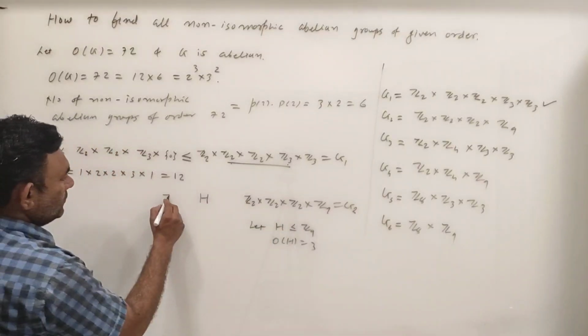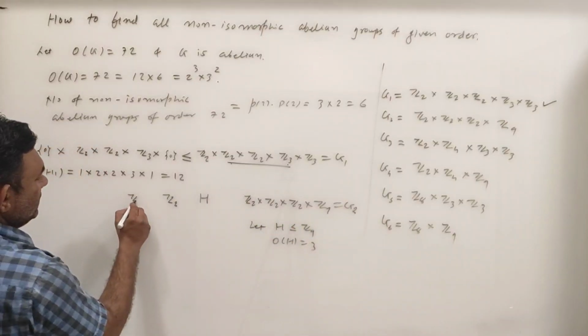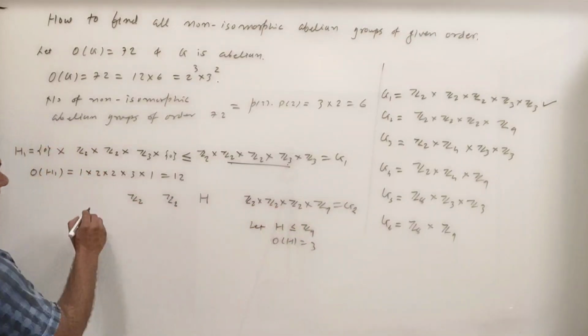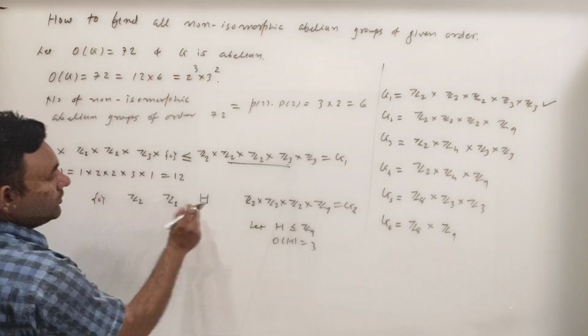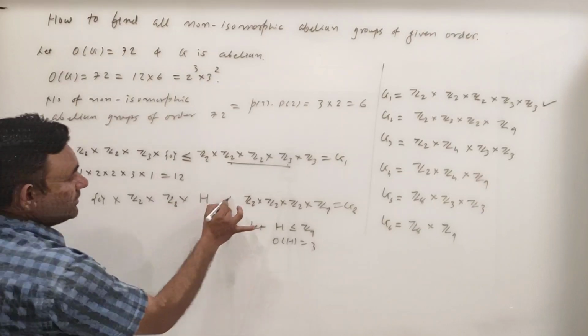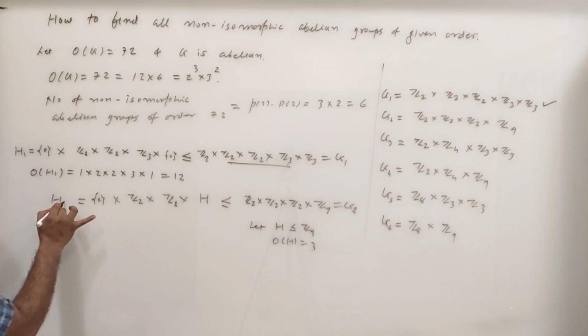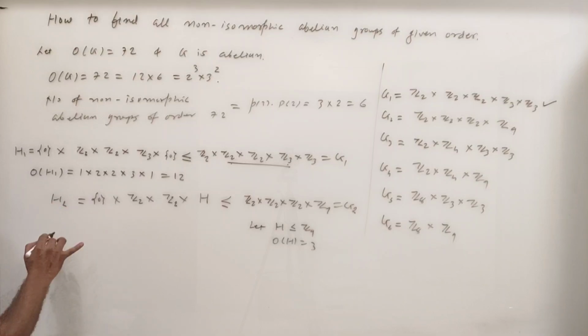Now Z2 is a subgroup of Z2. This Z2 is a subgroup of this Z2, and singleton 0 is a subgroup of this Z2. So this cross this cross this is a subgroup of this one, and let me say it is H2. So what is order of H2?